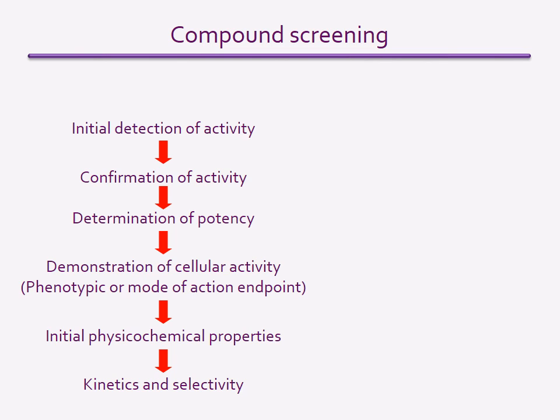Detection of cellular activity can use a phenotypic assay where the cellular response measured makes few assumptions about the molecular details of how the system works. This is a bit like empirical screening and can identify compounds that affect complex cellular systems that are poorly understood, so clearly established targets are not available.